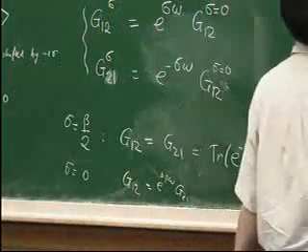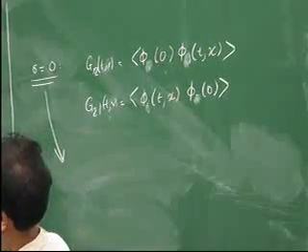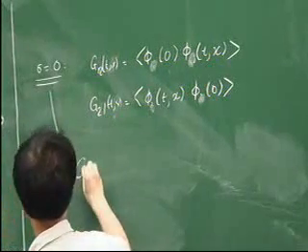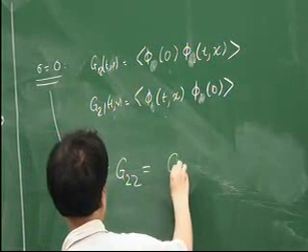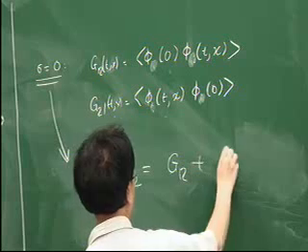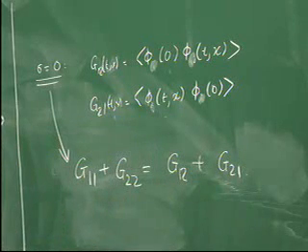At sigma equals 0, there is another nice thing that happens for this particular choice. You can show this, and I will leave it as a homework problem. This relationship holds, and it's rather easy to look at the time ordering here, sum them up, and see that the relationship holds.